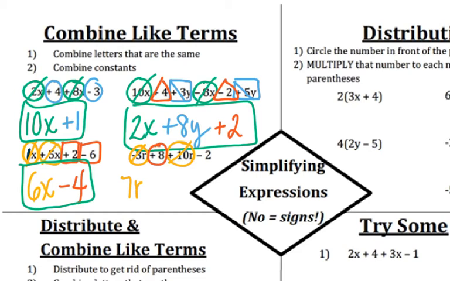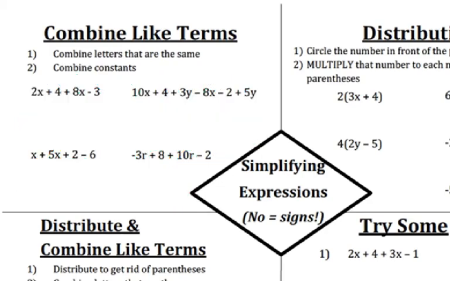Then we have positive 8, which is a like term with this minus 2 because they're both numbers. 8 minus 2 is 6. Okay, so we have successfully combined like terms. It just means take the letters that are the same. This is an X, this is an X, add them together because it was a plus sign, and we got positive 10. So that's the first type of simplifying. We call that combining like terms.